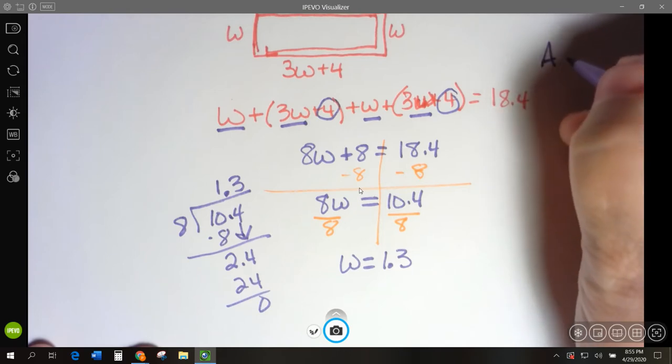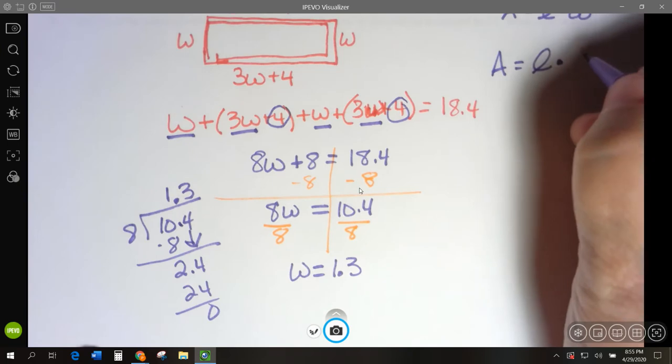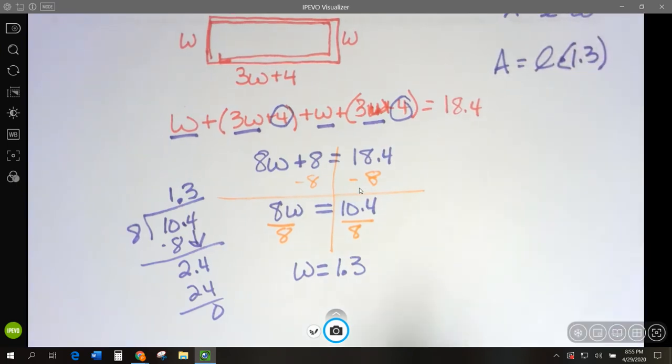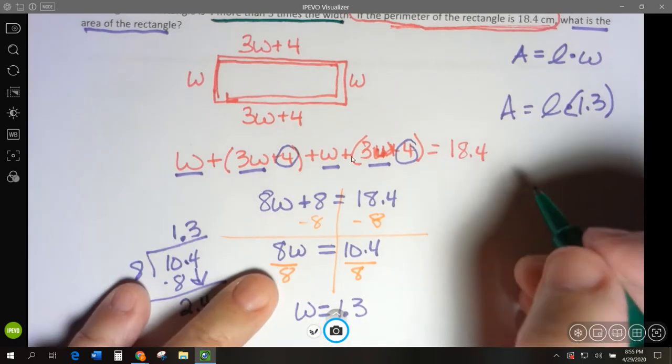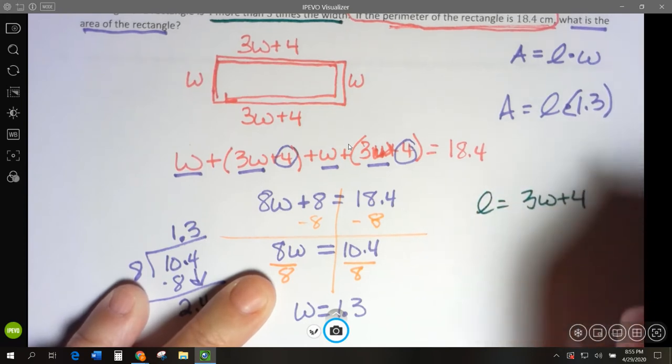So to get area, I'm going to have to go length times my width, which is 1.3. Oh, that's a tongue twister. Still got to figure out my length. So to get my length, remember my length is 3W plus 4.